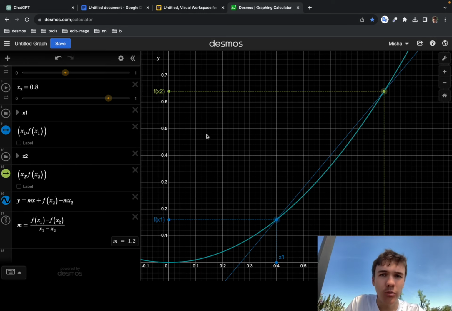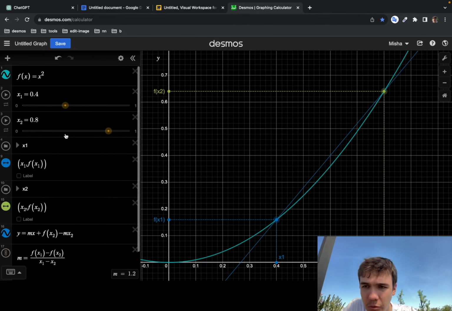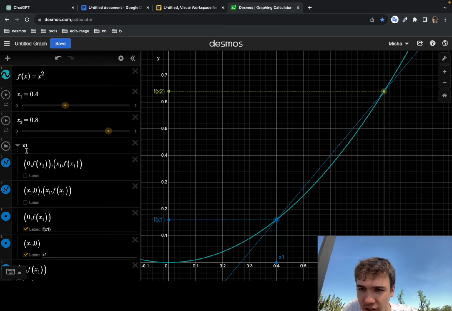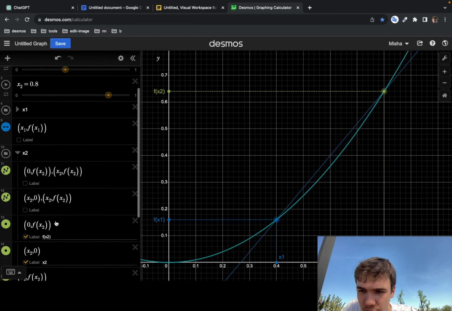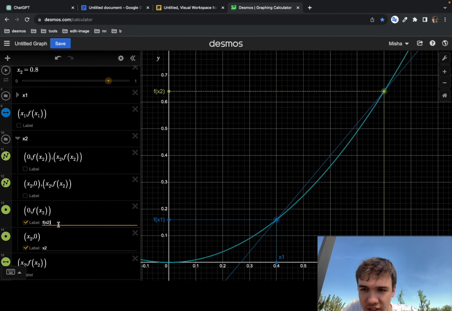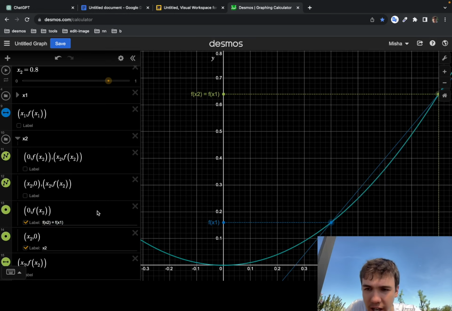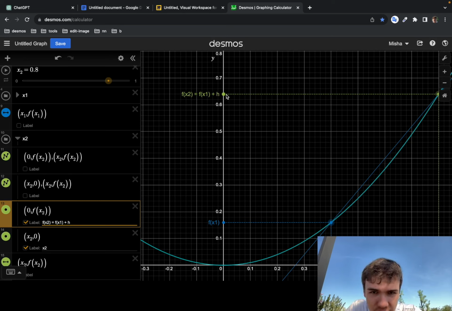Will I be correct if I say that f of x2 is exactly f of x1 plus h, considering that this h is the distance between them?